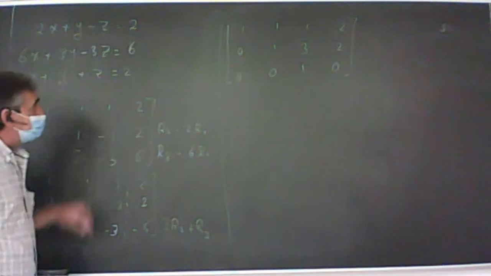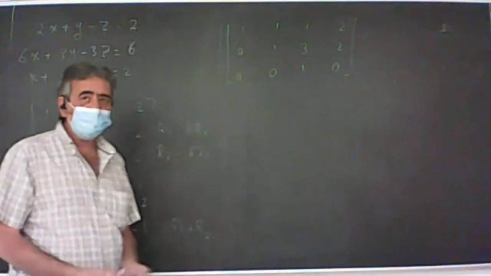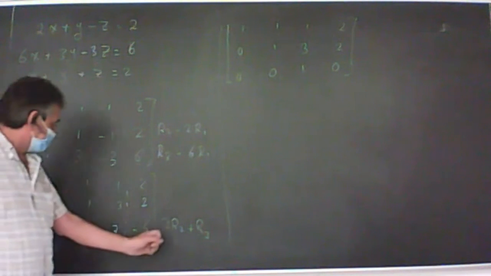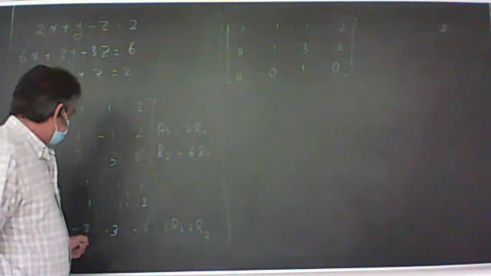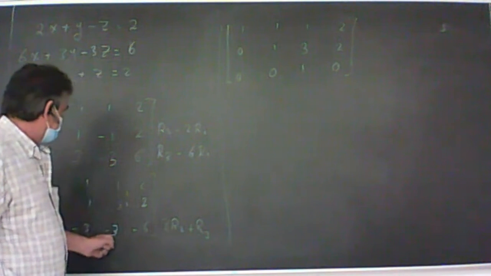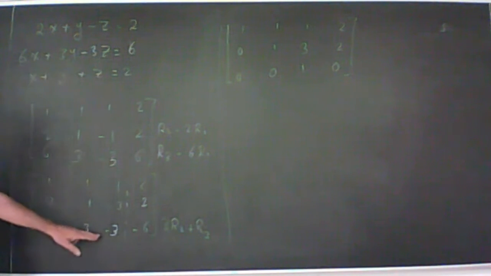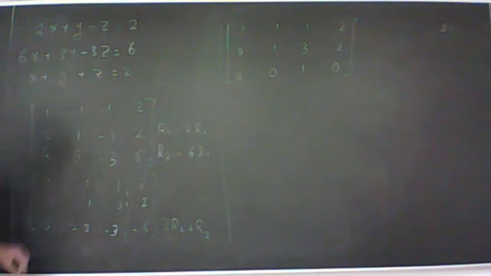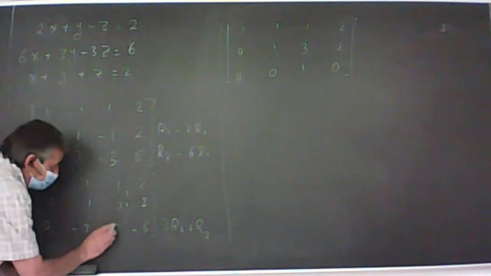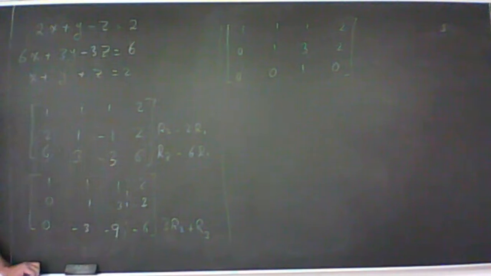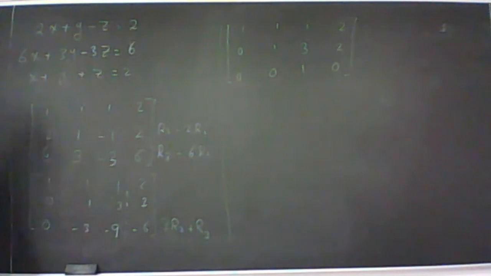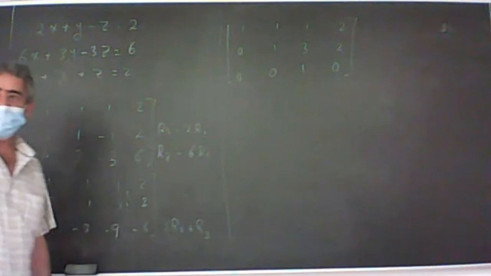Everything is the same. Now let's go to the next one. We said 3 times this, so that should be a 9 over here. What was this operation? Row 3 minus 6 row 1, so that's a 9, because minus 3 minus 6 is minus 9. So now let's see what that operation is going to give me.